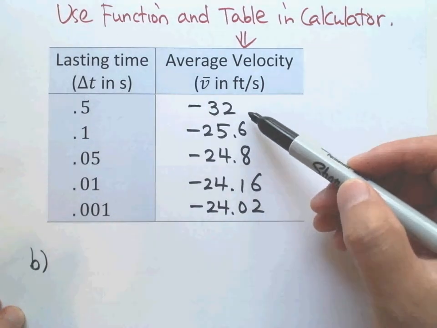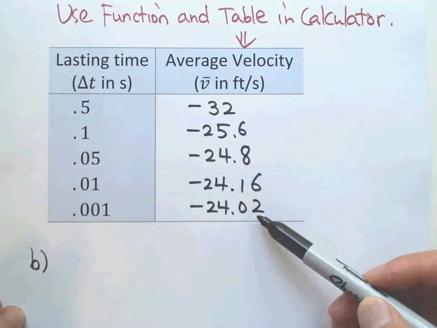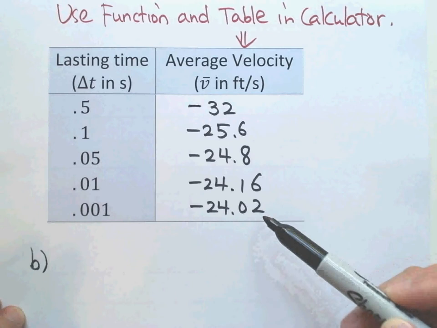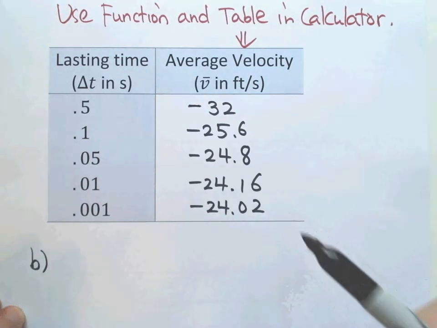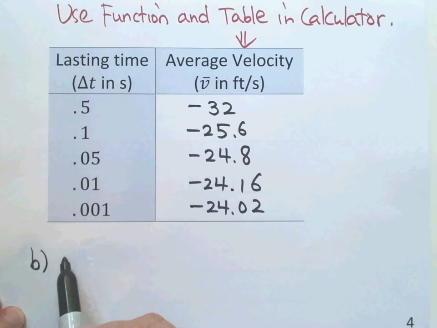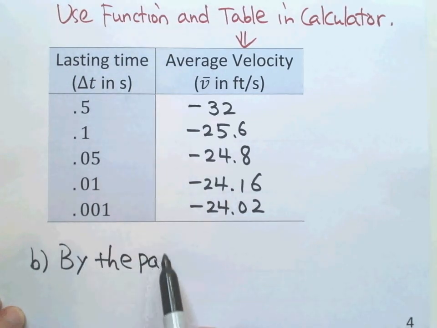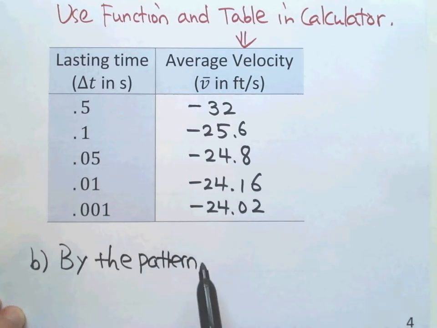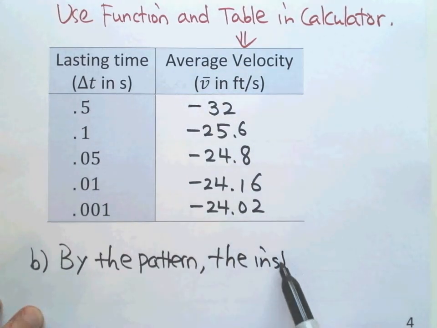Do you remember? Instantaneous velocity is the limit of the average velocity, or the pattern. The pattern tells us all these numbers get closer to negative 24, so we can guess negative 24 is the instantaneous velocity. We always say the pattern, right?